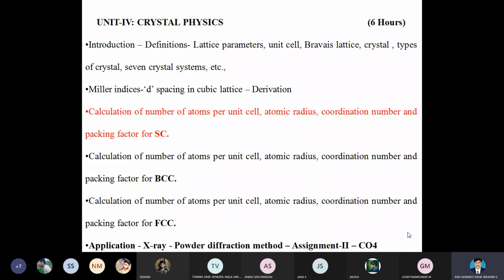The last content is the application part. You can browse on your own, write the assignment, and submit it. These are all the topics we are going to consider from unit number 4, crystal physics.